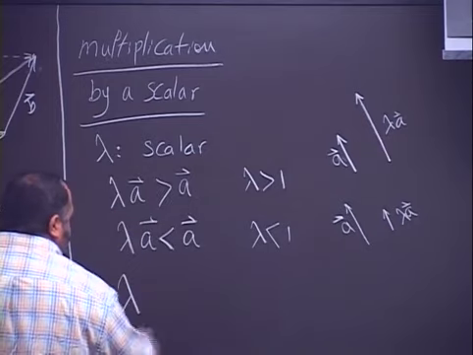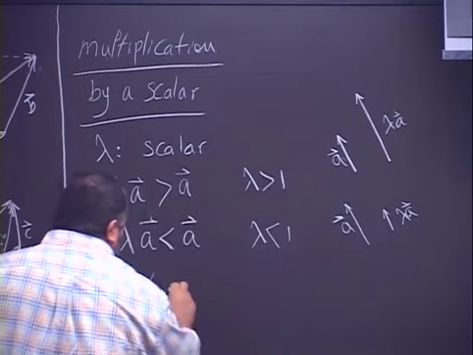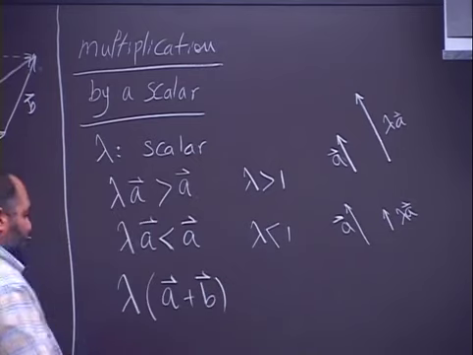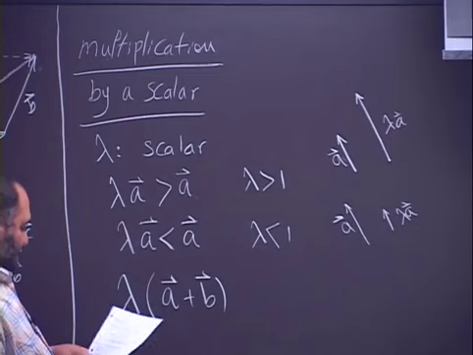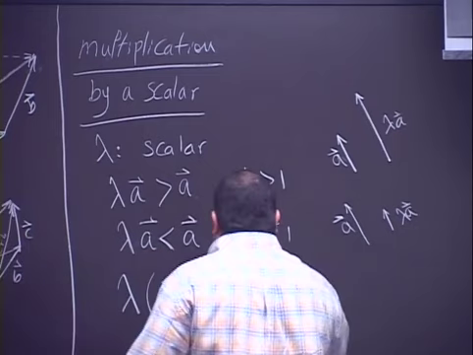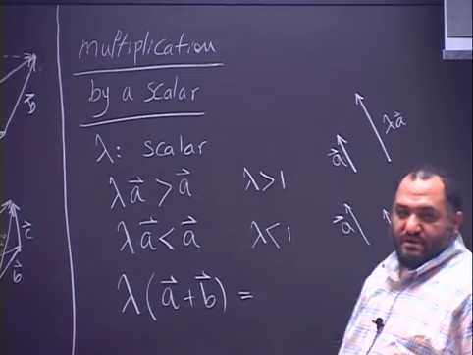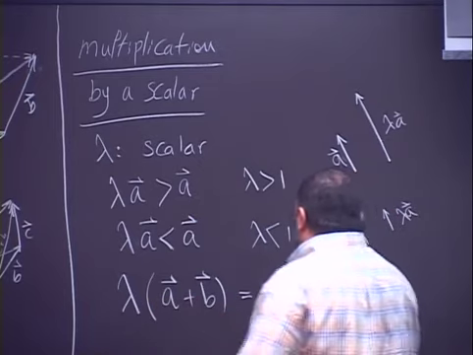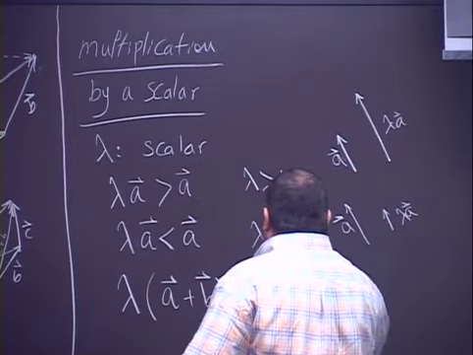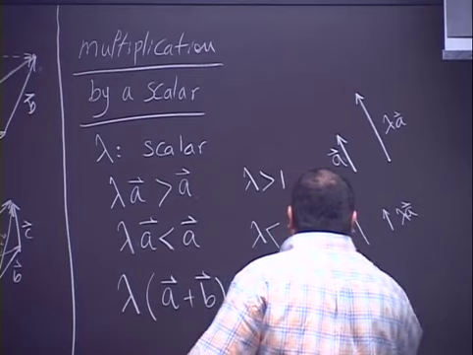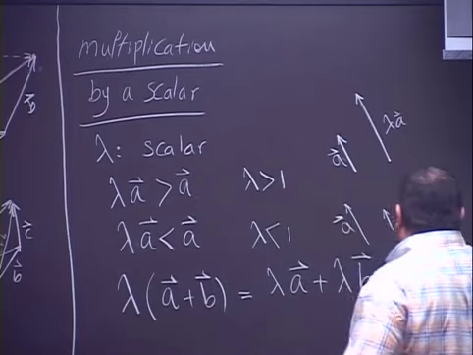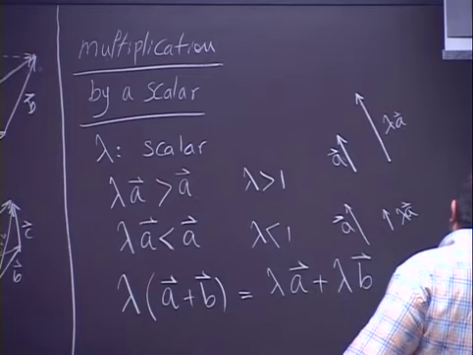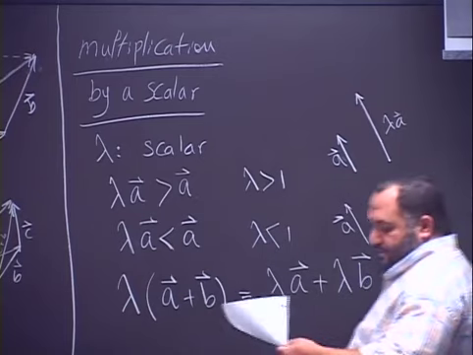And there are again some properties for the vector multiplication by a scalar. If you have the addition of vector A plus vector B, and you multiply it by a scalar quantity, then this will be the distributive property, that you distribute the scalar quantity over the two vectors. So this will be lambda A plus lambda B, and this is called the distributive property.